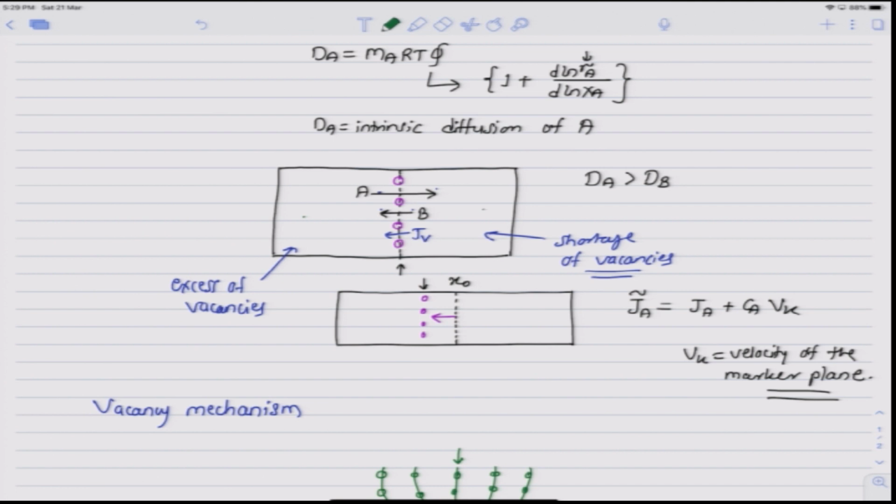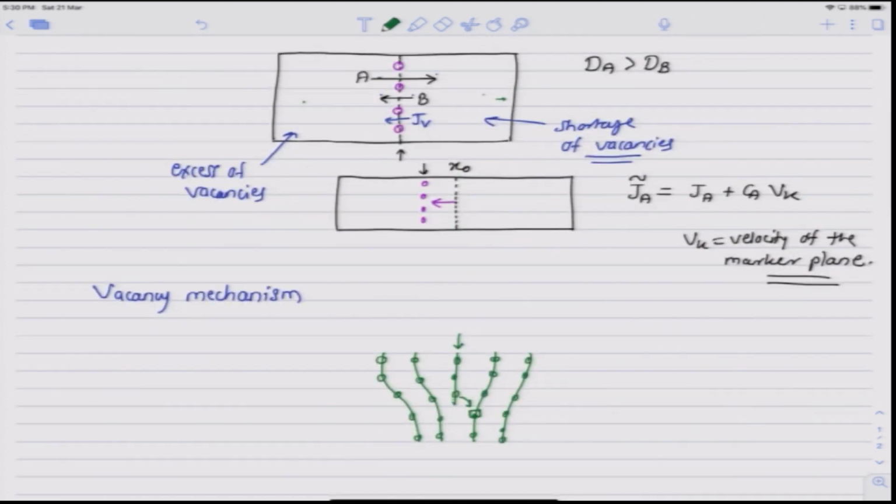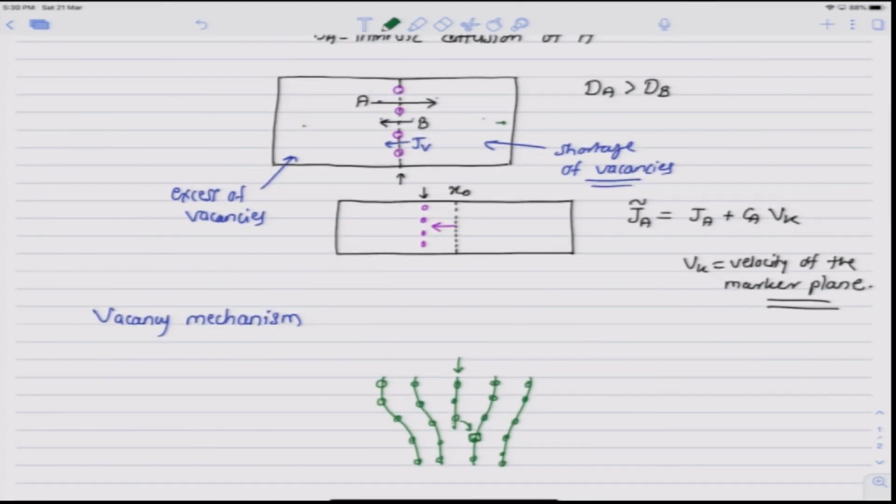Whereas on the right hand side exactly the opposite process will occur, because the vacancies will be created there. So the vacancies will be introduced into the lattice and extra half planes will be introduced, and hence this side will look like it has expanded. This is how physically the markers will look as if they are moving in the direction opposite to the direction of diffusion of the faster moving component, in this case opposite to the diffusion direction of A.